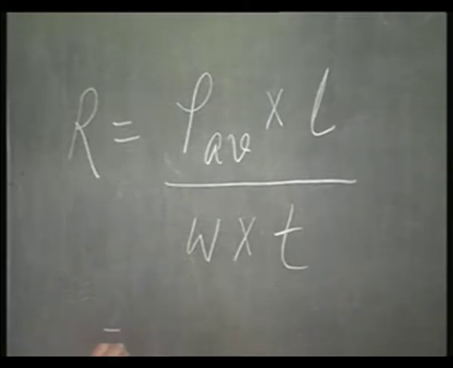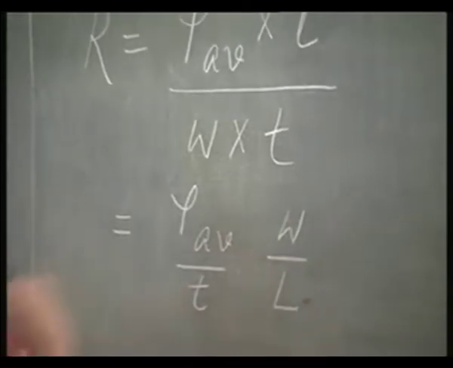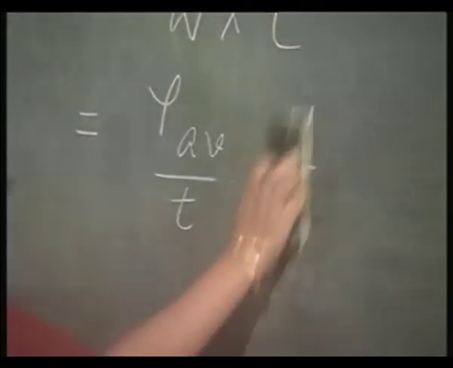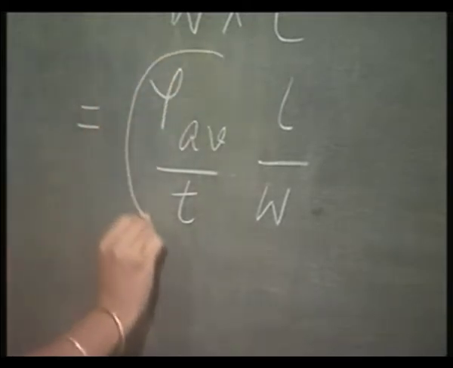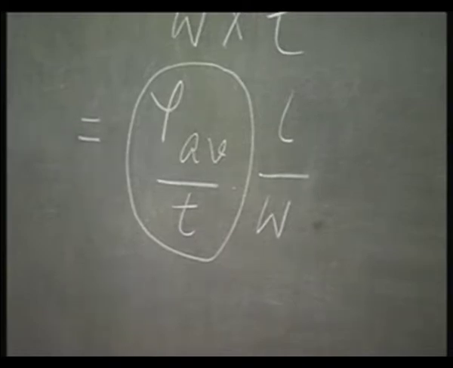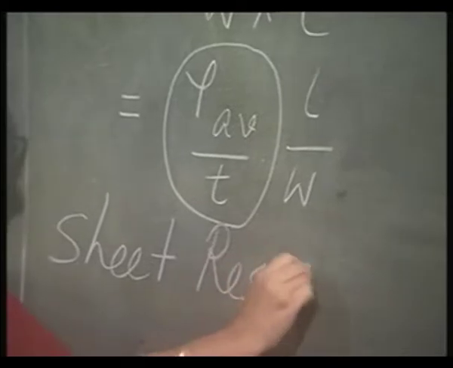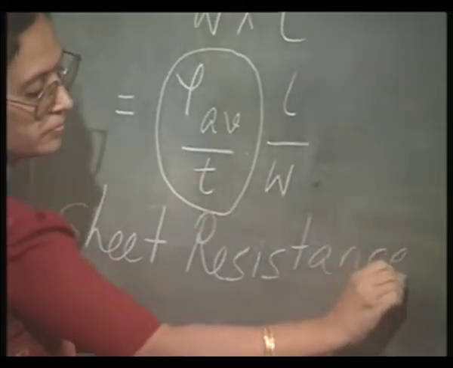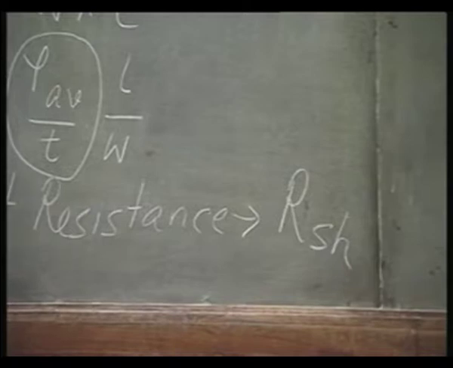I can write this as rho average divided by thickness, into L by W. This is called the sheet resistance, R_SH.